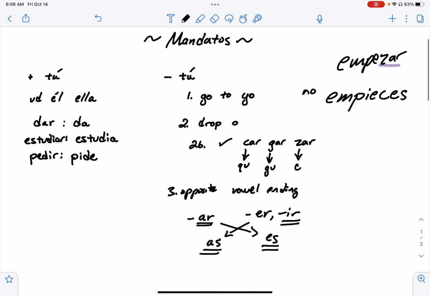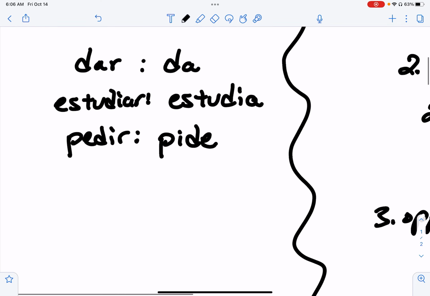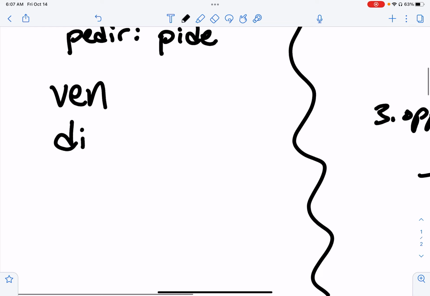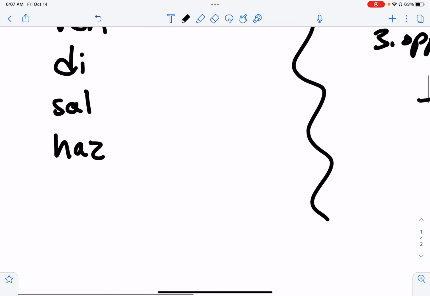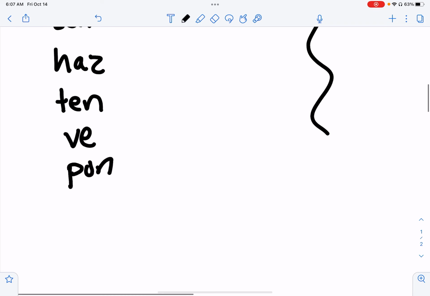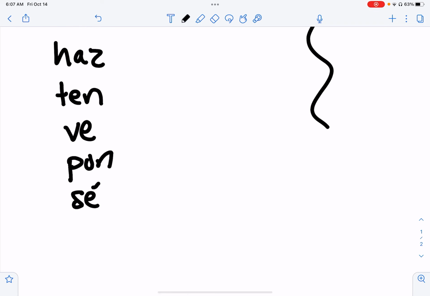So that's affirmative tú commands and negative tú commands. But what if it's an irregular? Well, these two types of commands have completely different rules for the irregulars. For affirmative tú commands, the irregulars are ven, di, sal, haz, ten, ve, pon, y sé.